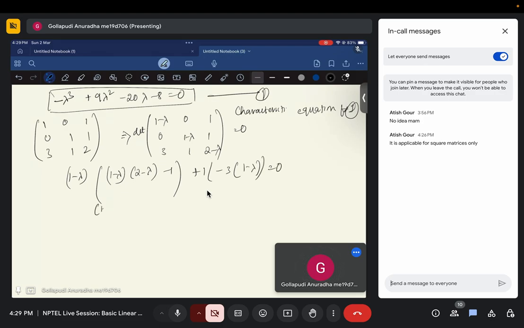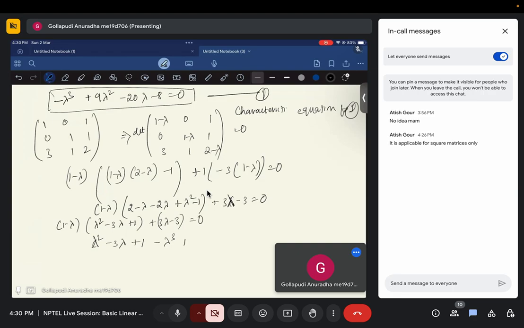So we can get it as this, and ultimately the equation which we are going to get is this.